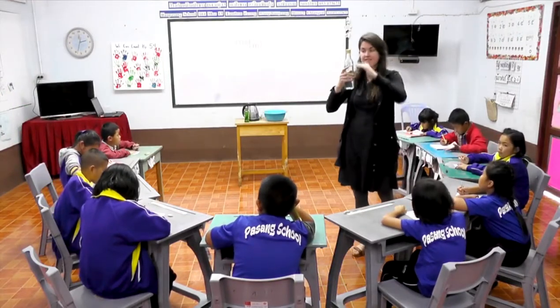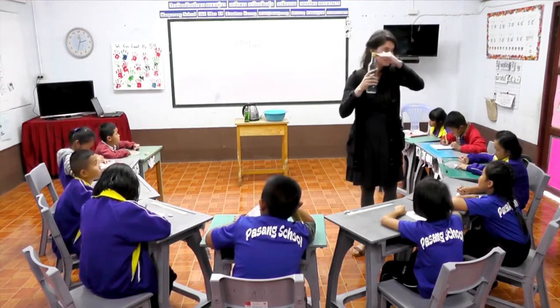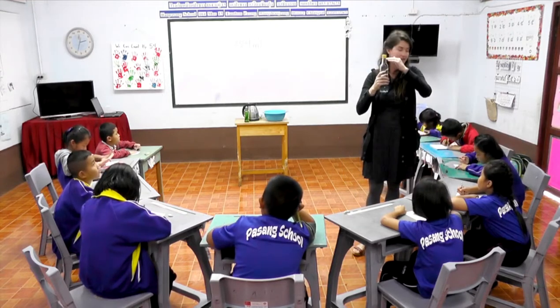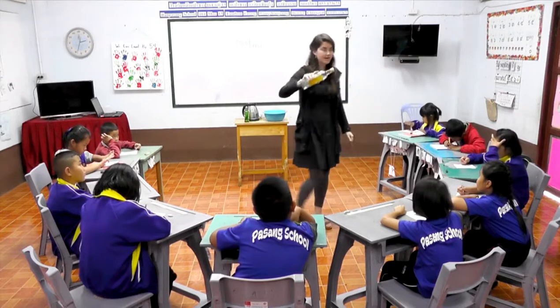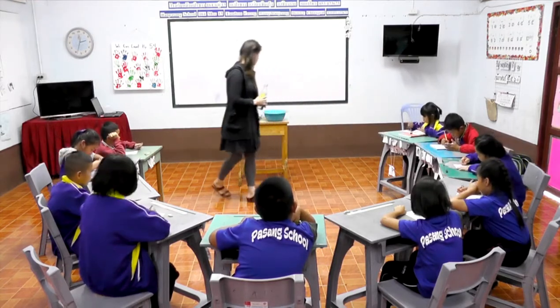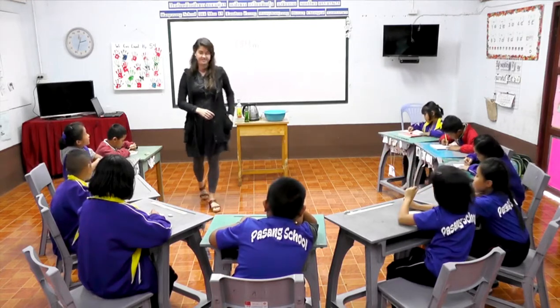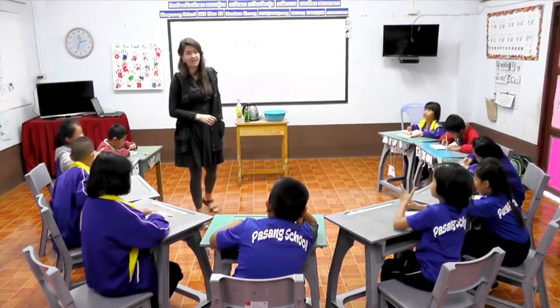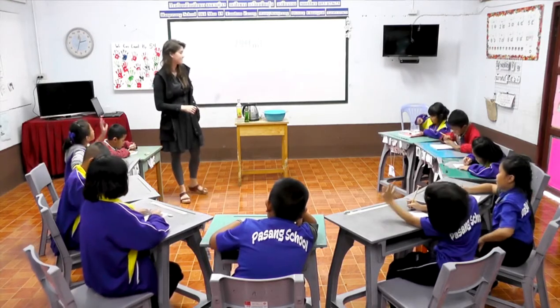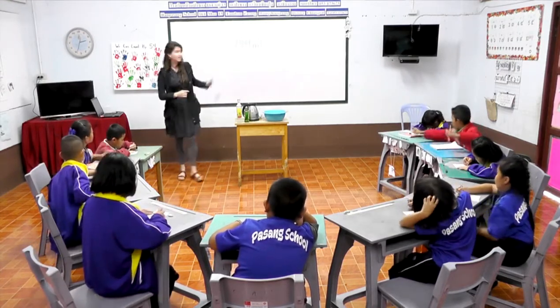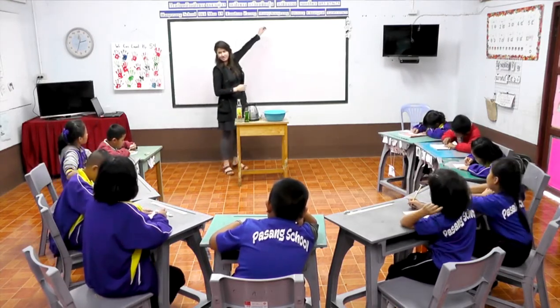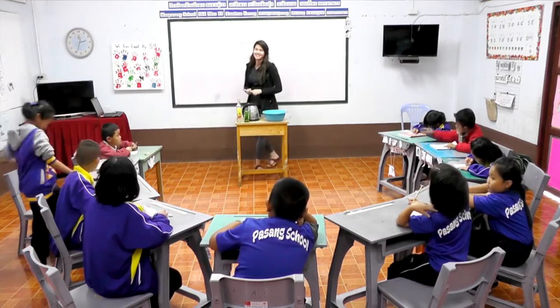So we had 794 milliliters with our full bottle. And then we poured out 243 milliliters. Okay, very nice. Can you reach this one? You think you can reach it? Okay, come. Sorry, this one's kind of tall.